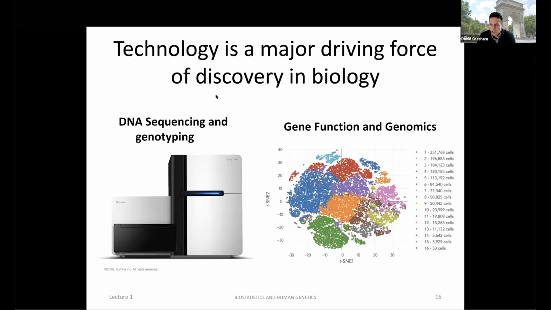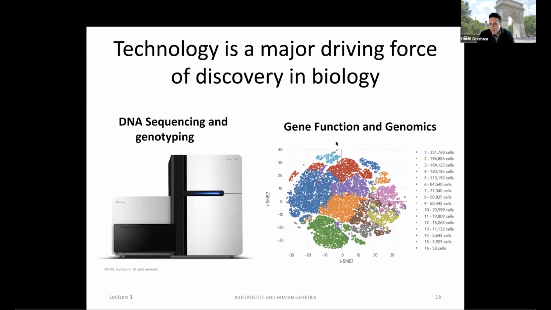So a major driver of these advances has been technology and these DNA sequencing and genotyping methods. By the end of this course, you'll become familiar with these methods and how they can be applied to look at DNA sequence and genotype variation and some of their applications for interrogating gene function in the field of genomics.